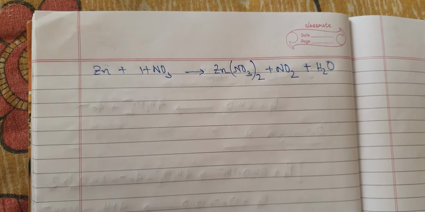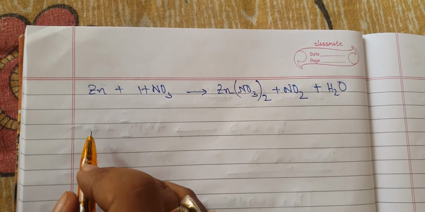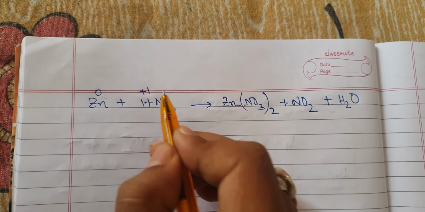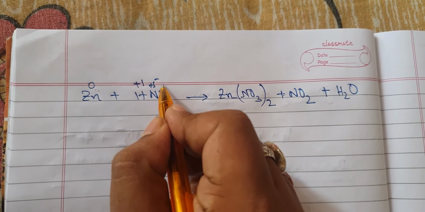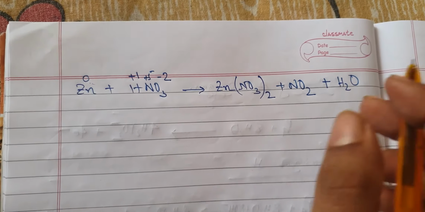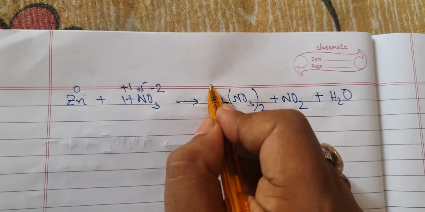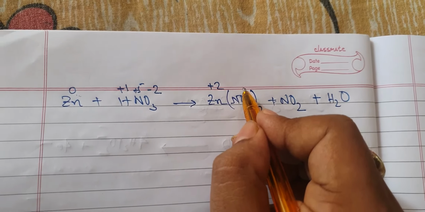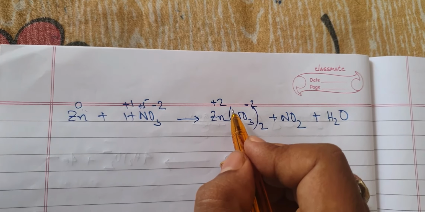So in this reaction, as you can notice, Zn is in 0 state, hydrogen plus 1 state, nitrogen plus 5 state, oxygen minus 2 state. You can calculate it and find out. Okay, Zn is in plus 2 state, oxygen is in minus 2 state, and nitrogen is in plus 5 state.